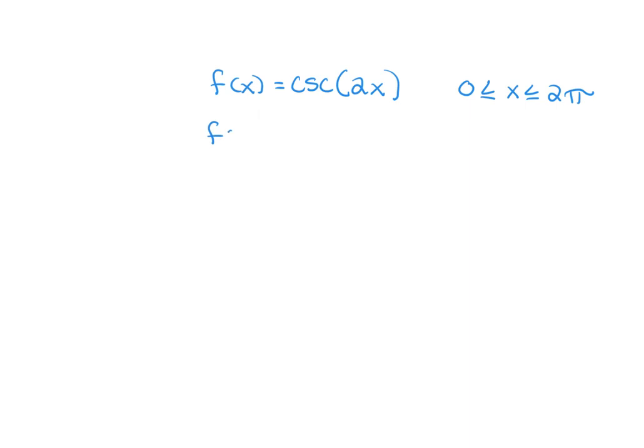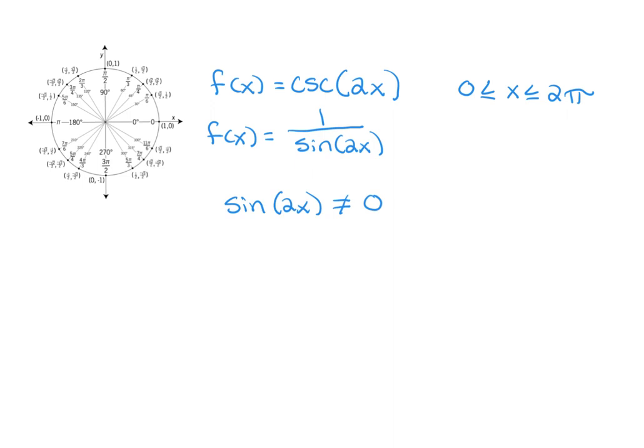Well, f of x, so cosecant can be rewritten as 1 over sine of 2x. And now that we have this denominator, we know that the denominator, sine of 2x, cannot be equal to 0. So when is sine 0? Sine is 0 at 0 and pi, and then also at 2 pi.